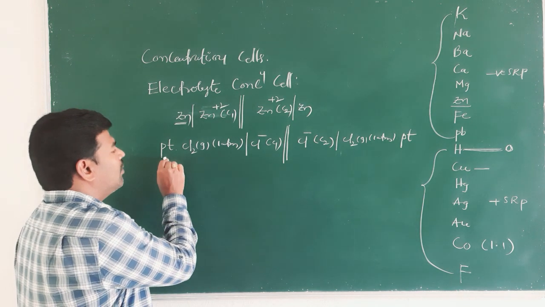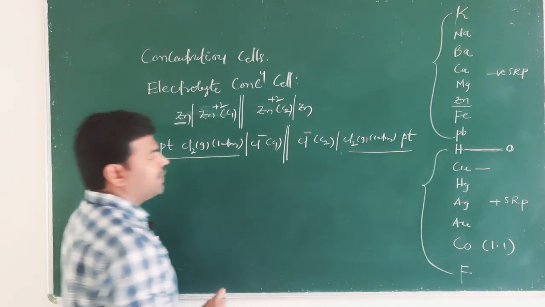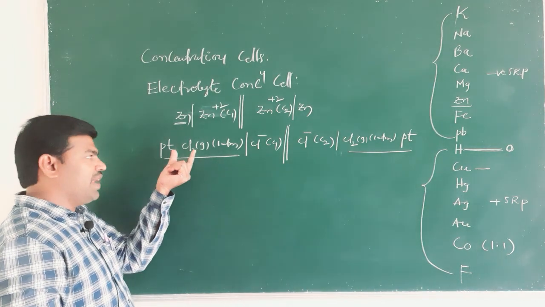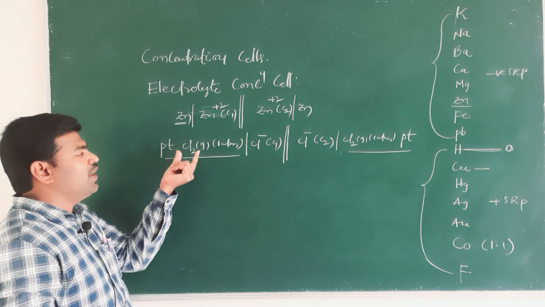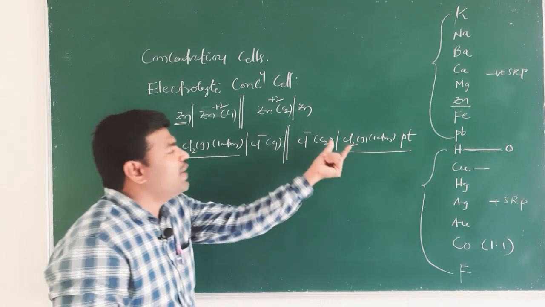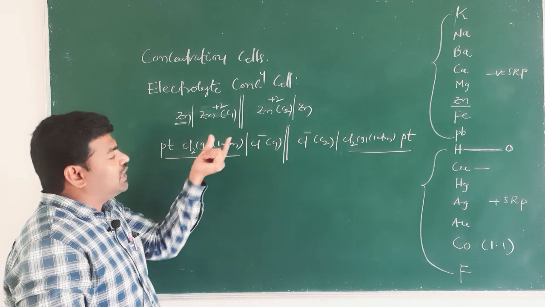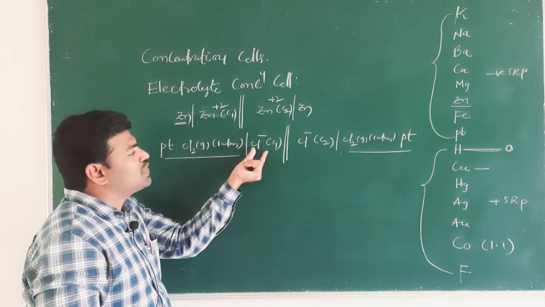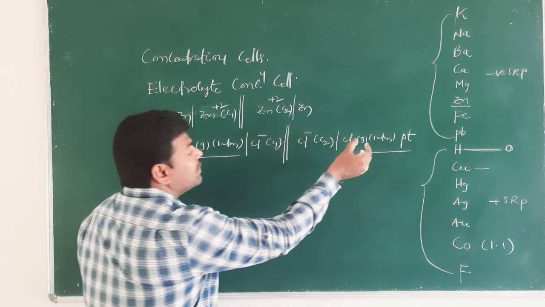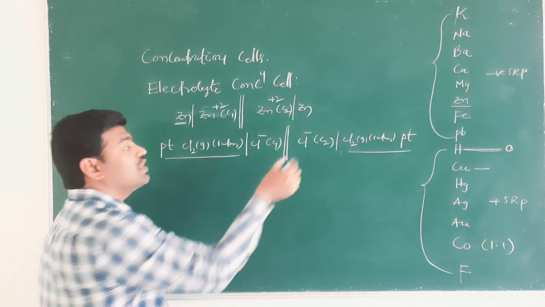Here the platinum chlorine electrode: the anode and cathode are the same, but the anode is dipped in a solution of Cl minus ions of concentration C1, and the cathode is dipped in a solution of Cl minus ions of concentration C2.